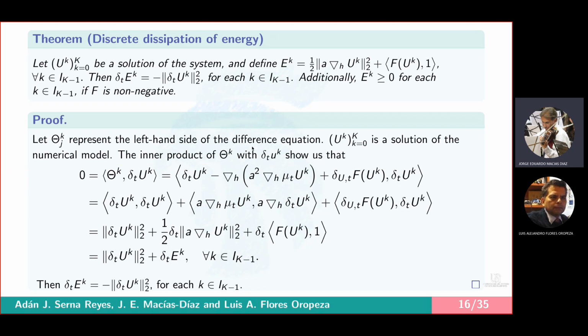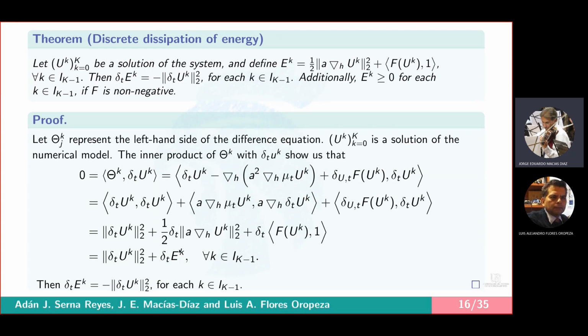Now, the proof uses basically the energy method. Take the inner product of this difference in time with the finite difference scheme. Since the finite difference scheme is equal to 0, then this inner product is equal to 0.